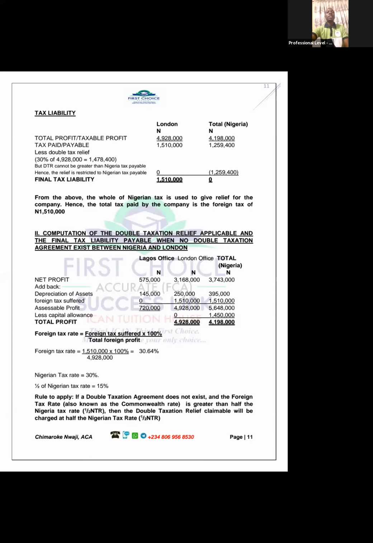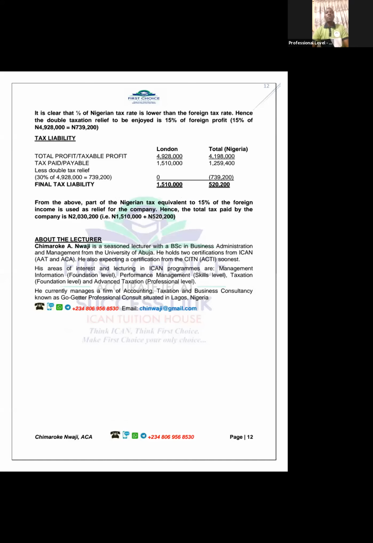So that means we are going to use 15% of the foreign taxable profits. So 15% of 4,928,000 is going to give me 739,200.